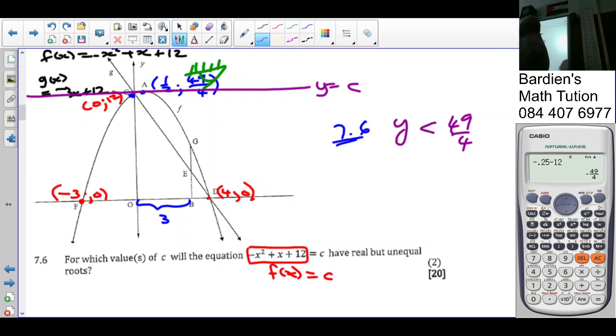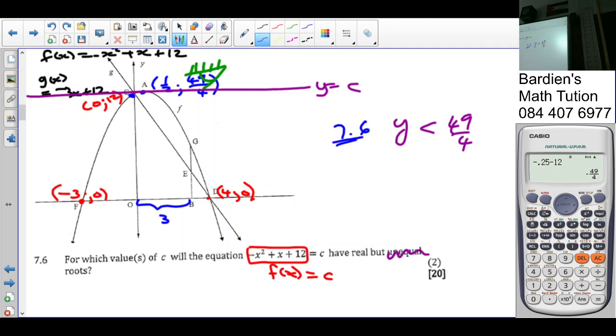If this was omitted, if it said have real roots, how would this have been different? It doesn't say equal or unequal. It just says real roots. Less than or equal to 49/4. Can you see that? What if it had said real and equal roots?